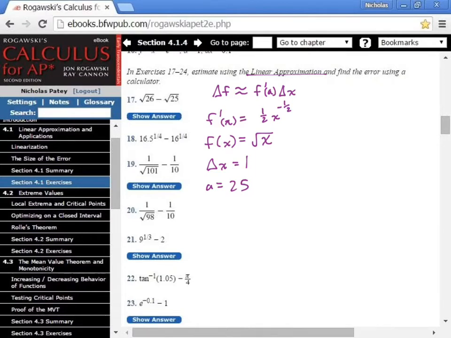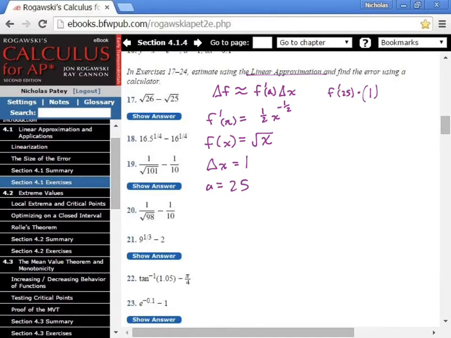Okay. So, anyways, now we come back up here. Our linear approximation. This is what we're trying to find. So let's plug in stuff. We have f prime right here, and we're going to plug in a. What's my a? Oh yeah, it's 25. So we have f prime of 25, and then we know our delta x is just 1, so that just goes away. We really just need to find f prime of 25.